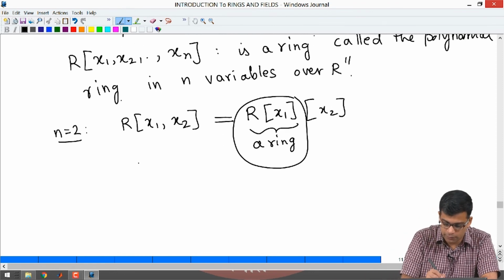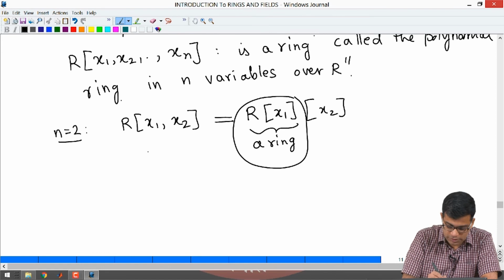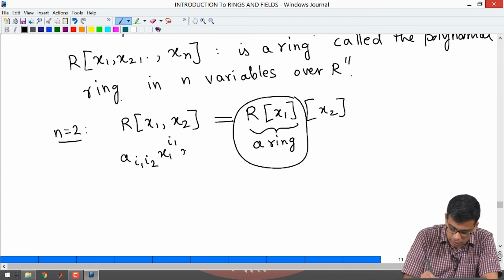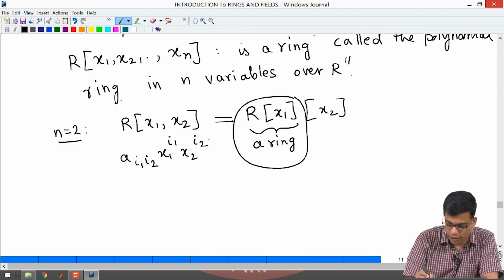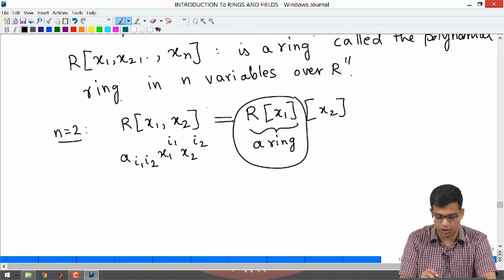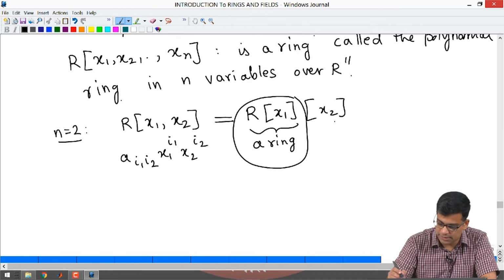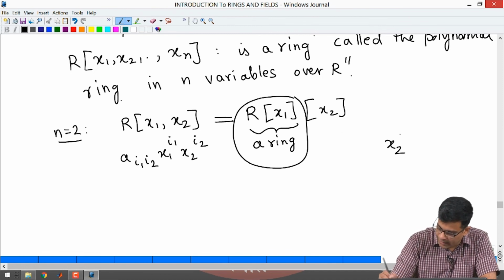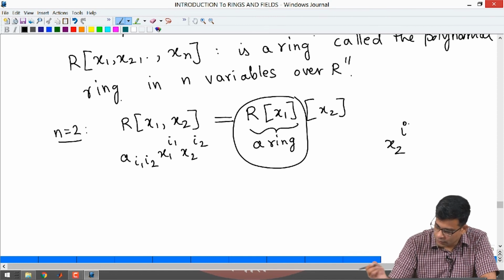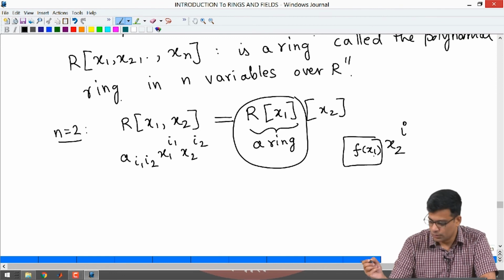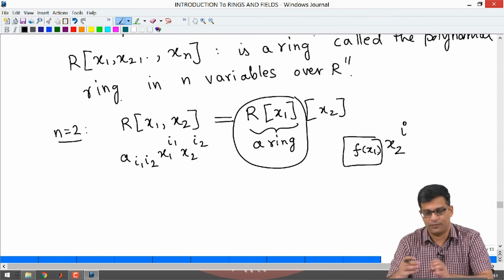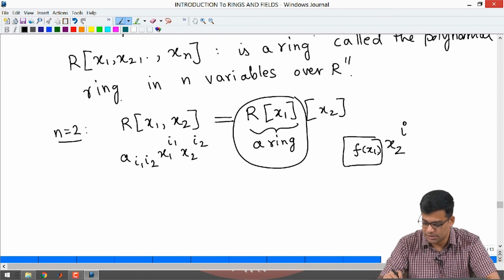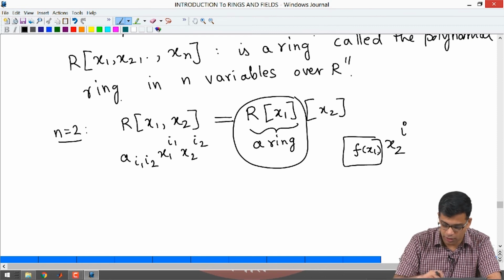Here the terms are sums of this kind, right. So, a i1 i2 x1 power i1 x2 power i2. So, you take a monomial like this and you add several of these together to get an element of this. What would be the things here? Things here will be x2 power i, but the coefficient would be a polynomial in x1. So, if you break up f of x1 as a sum of monomials in x1 and multiply by x2 power i, you will get this.